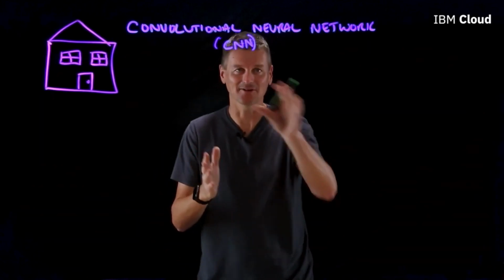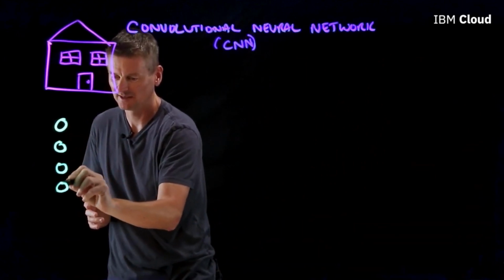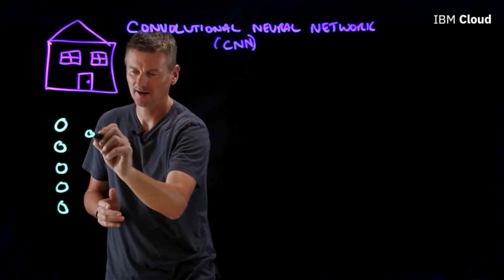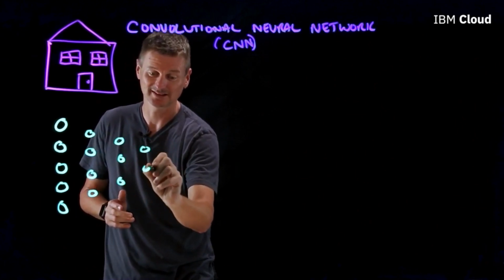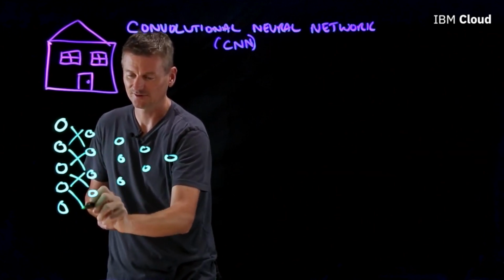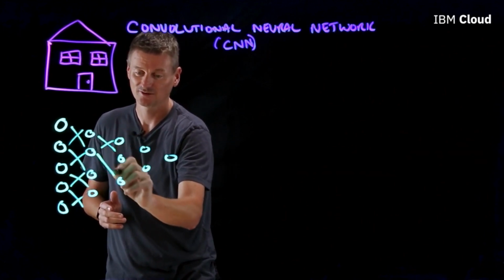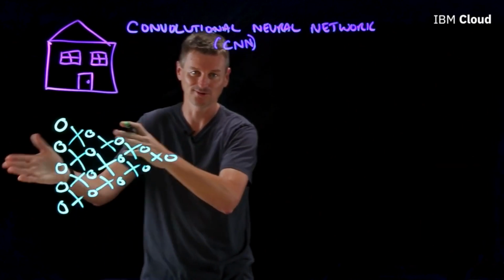Well, let's break it down. CNN, convolutional neural network. Well, let's start with the artificial neural network part. This is a standard network that consists of multiple layers that are interconnected, and each layer receives some input, transforms that input to something else, and passes it as output to the next layer.